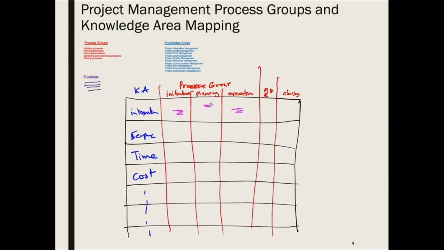You might have 3 processes, 2 processes, maybe 1 process here, 4 here, 2 here. So you might have different processes based on the nature of the knowledge area. This is how they develop the coming table that I'm going to show you.